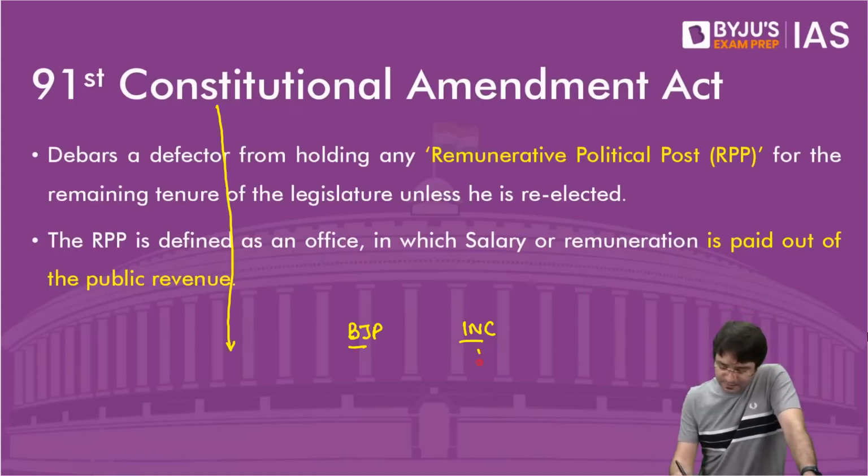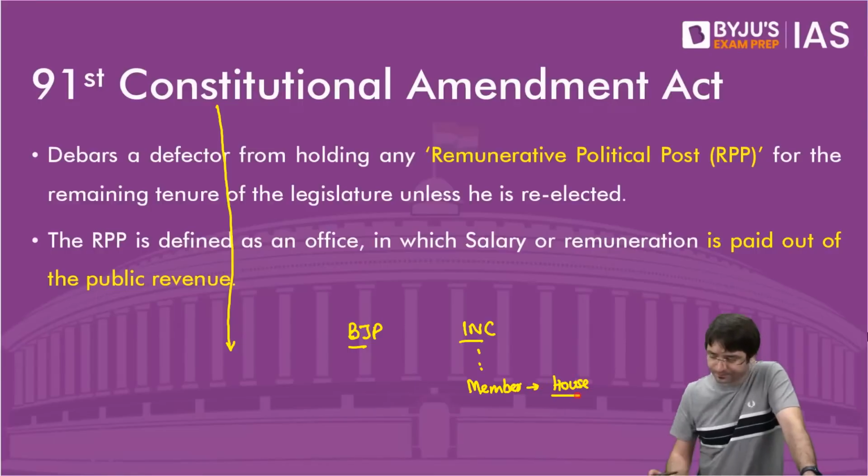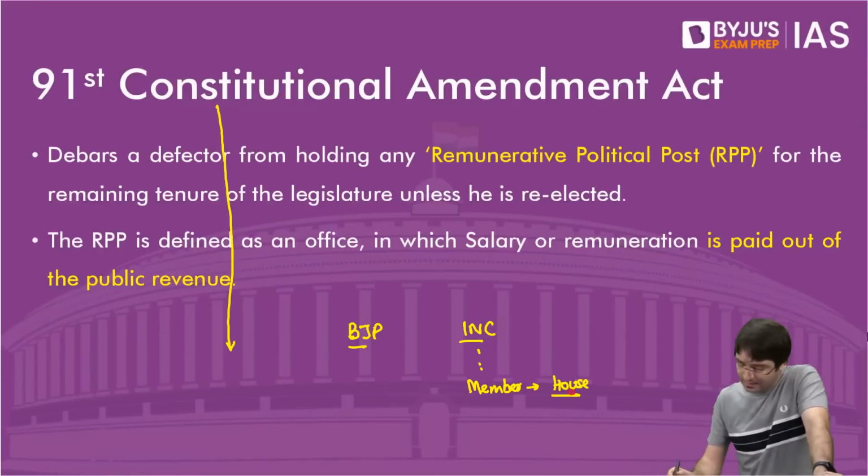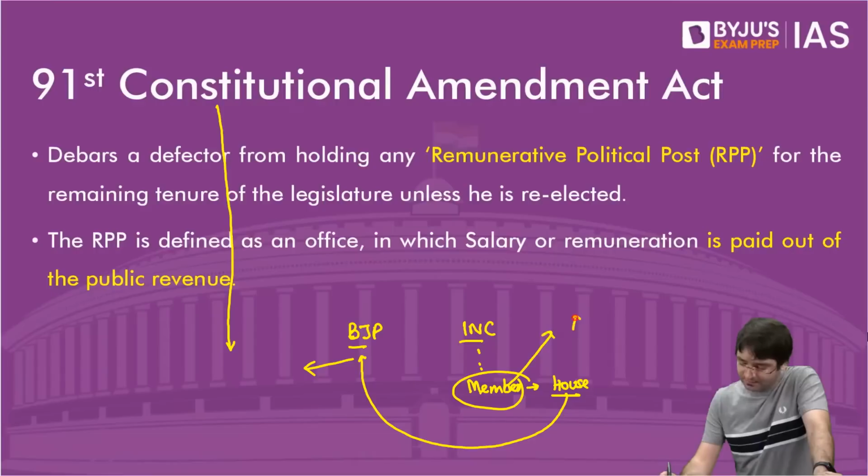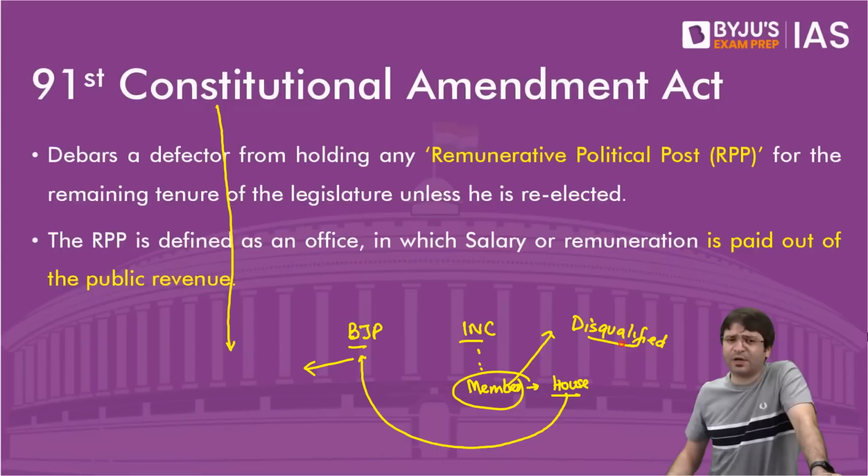This member of a house has decided to resign from the Congress and join the BJP. Will this member be disqualified? Yes. And he was disqualified after 1985.